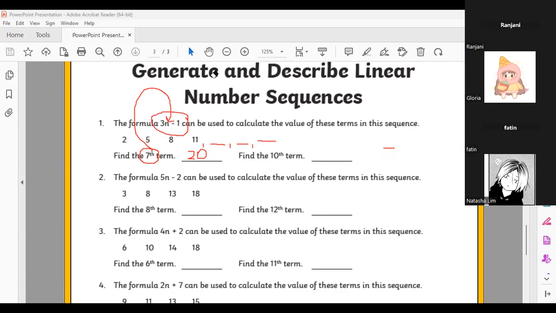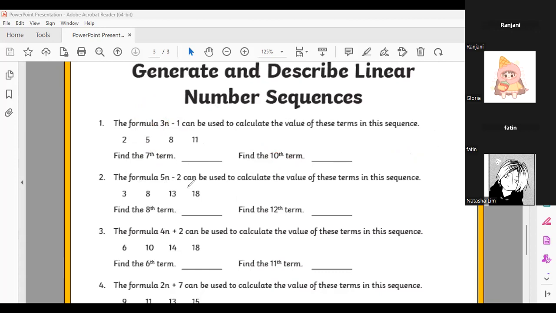Find the 10th term. So what do you do? Put the 10 as your n. So this would be 3 times 10 minus 1. And thank you, Gloria. That's right, 29. You see that now? Easy? Can do?